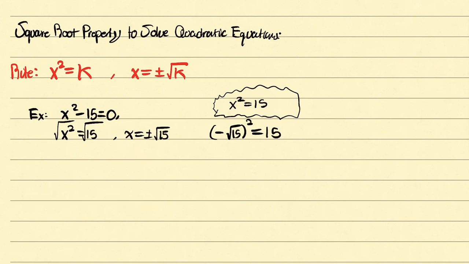So hopefully when I re-substitute x in, it does give me a true statement. And this actually is true because notice this negative sign right here doesn't matter when I square a term. I still get positive 15 out. Same with positive root 15 squared. That definitely is equal to 15. So these are two different values that give me true statements.